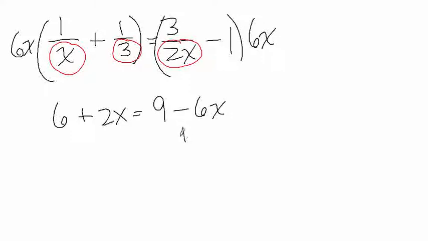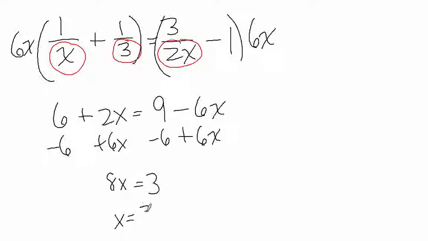So then we solve that the normal way. Rearranging things, 8x equals 3, so x is 3 over 8. Go ahead and plug that into the original equation. You will see that that number indeed satisfies the original equation.